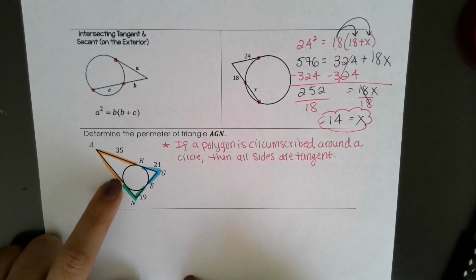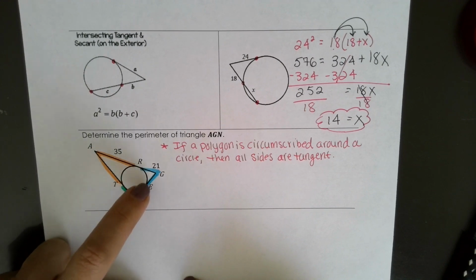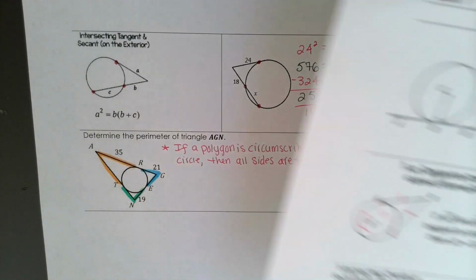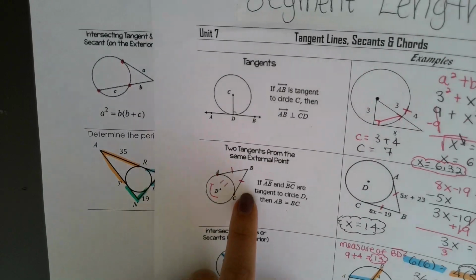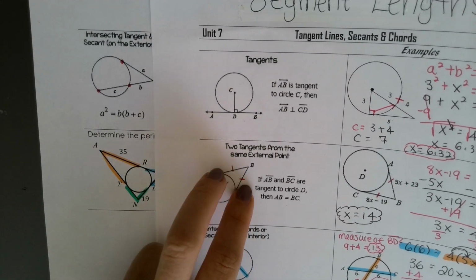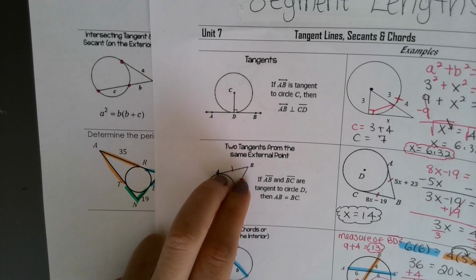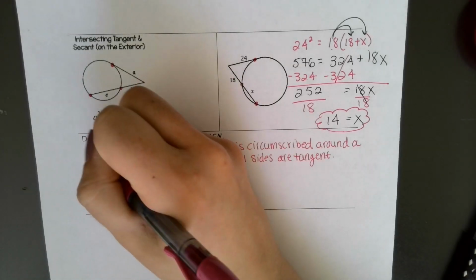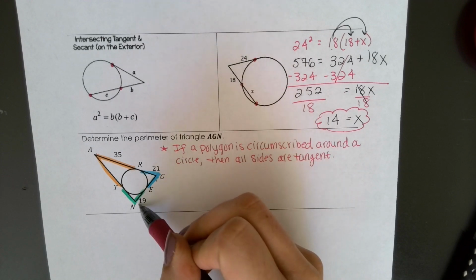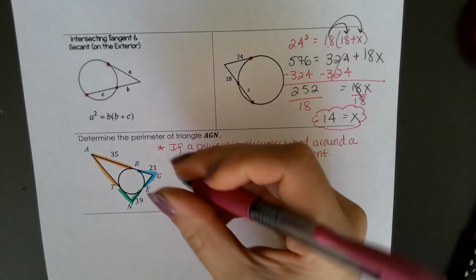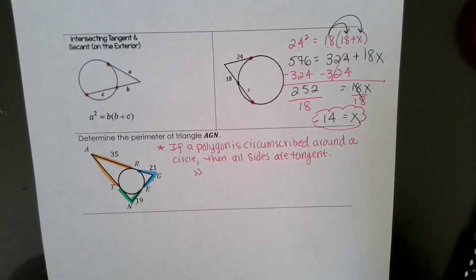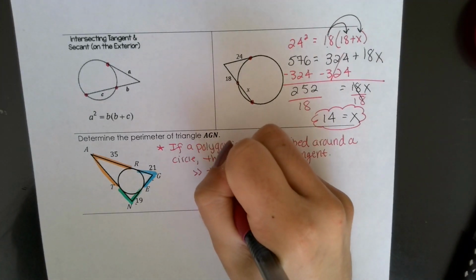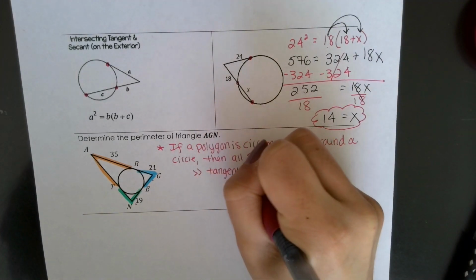Because they all look like it's on the outside, right? The tangent lines, let's go back. When we have that, that means they're going to be congruent always. We have two tangents from the same external point. Same external point for the orange, same external point for the blue and the green. So basically, tangent segments are congruent.